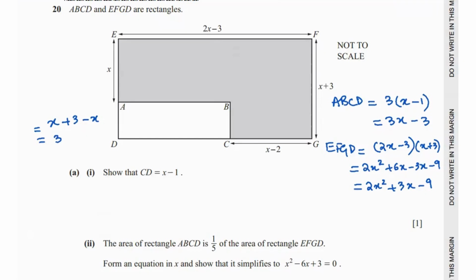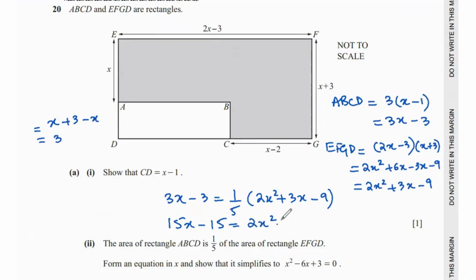Now, area of rectangle ABCD is 1/5 of the area of rectangle EFGD. So 3x minus 3 is 1/5 times 2x squared plus 3x minus 9. Cross multiply, 15x minus 15 equals 2x squared plus 3x minus 9. Collect all of the terms on one side.